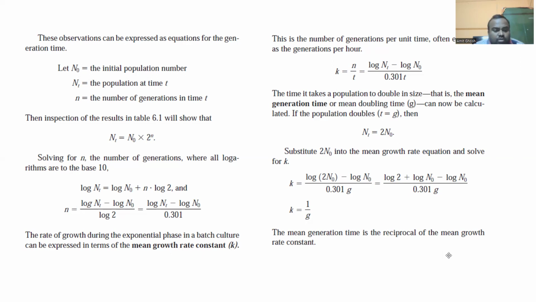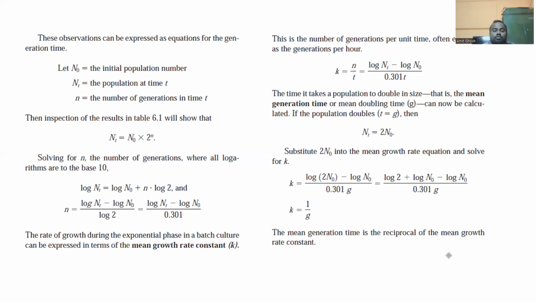The rate of growth during the exponential phase in a batch culture can be expressed in terms of the mean growth rate constant, which is expressed as K. This is the number of generations per unit time, the growth rate, often expressed as generations per hour.